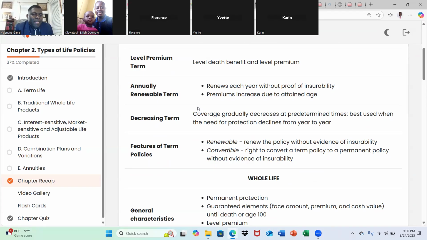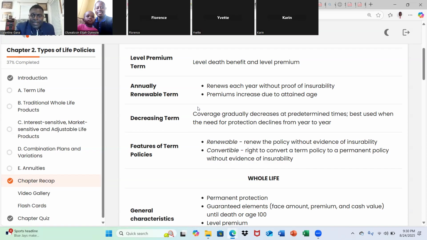Because remember, the number one condition that they use for calculating your premiums is your attained age. So if a policy is an annually renewable term, every year you're just 1 year older and your premium notches up just a little bit.